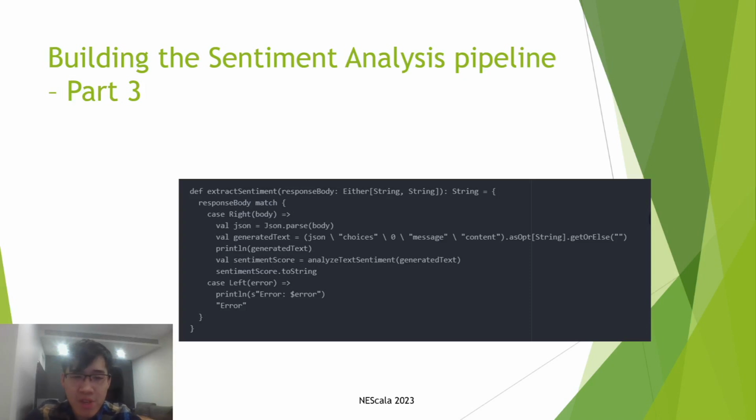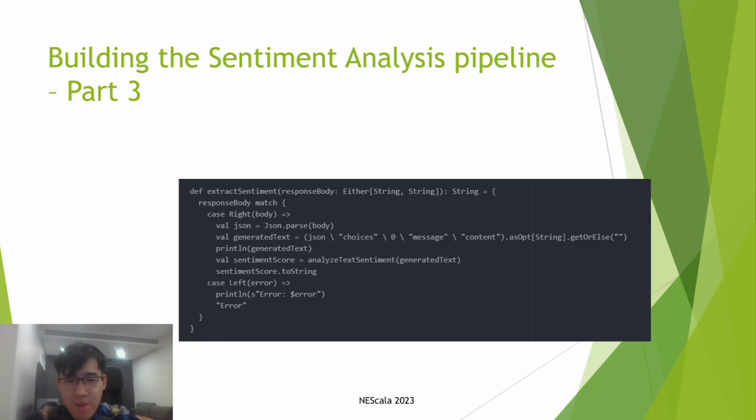After that, moving on to the third part, we then create another function, which is basically to extract the sentiment. In this particular scenario, we want to create two different cases, right and left. One for error, and one for if we actually try to parse the body.